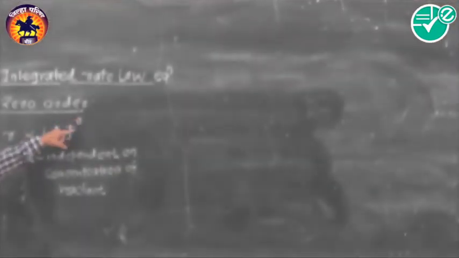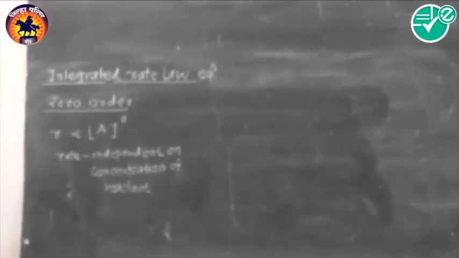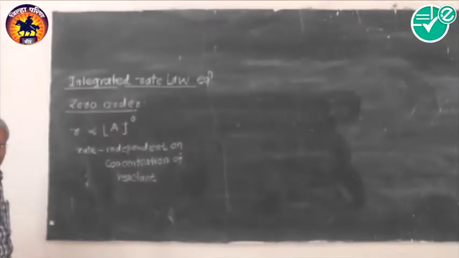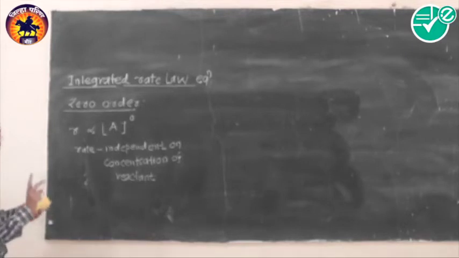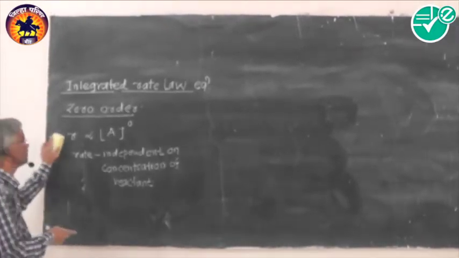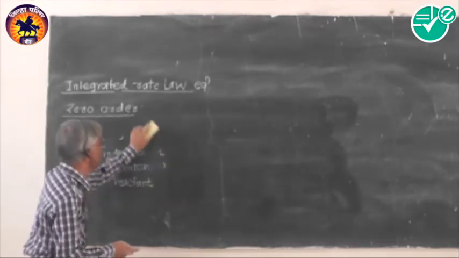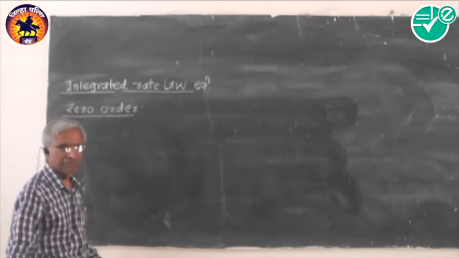We can write these two definitions: a reaction whose rate is proportional to the zeroth power of the concentration of the reactant, or whose rate is independent of the concentration of the reactant, is called a zero order reaction. We have studied two zero order reactions. One is the decomposition of ammonia. I will not repeatedly write it on the board. Now we will go for its integrated rate law equation.